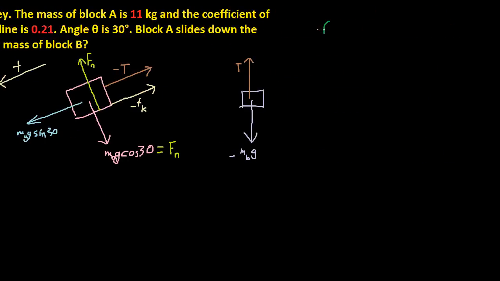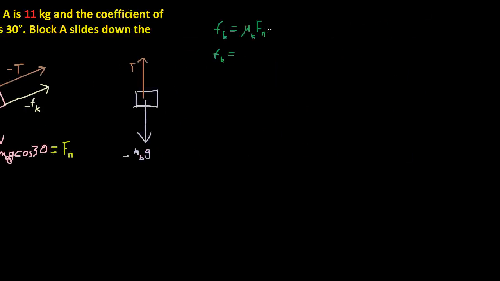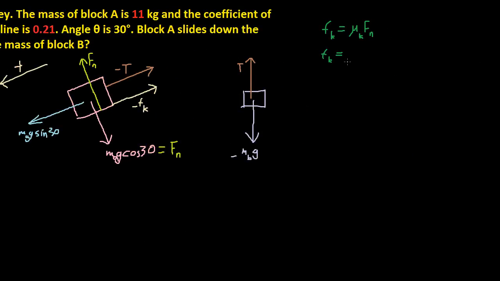The force of kinetic friction is mu kinetic, the kinetic friction constant, times the normal force N. The constant is given here, the coefficient of kinetic friction, and it says it's 0.21.